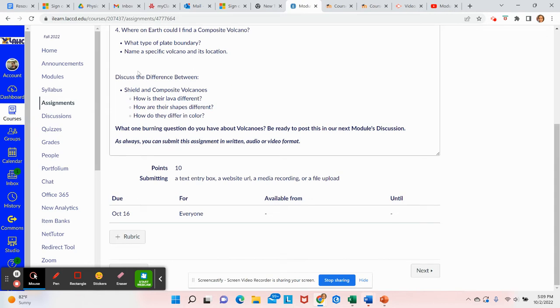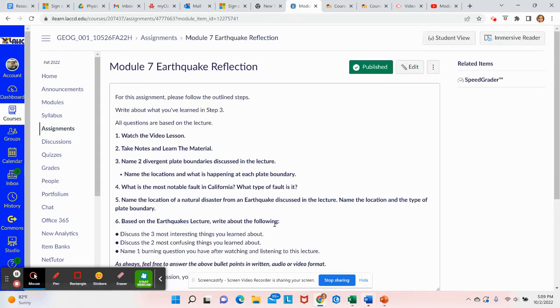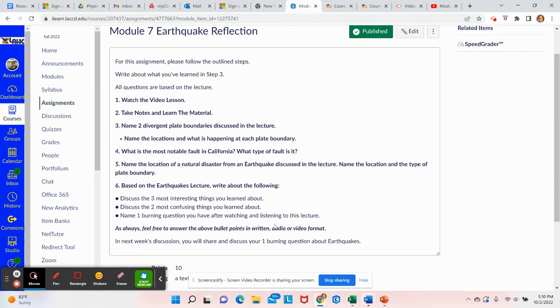Now, at the end, we're going to have this discussion, and it's going to be what one burning question do you have about volcanoes? And be ready to post this in next module's discussion. So you'll notice that next week we're going to have a discussion about this one burning question you have about volcanoes.